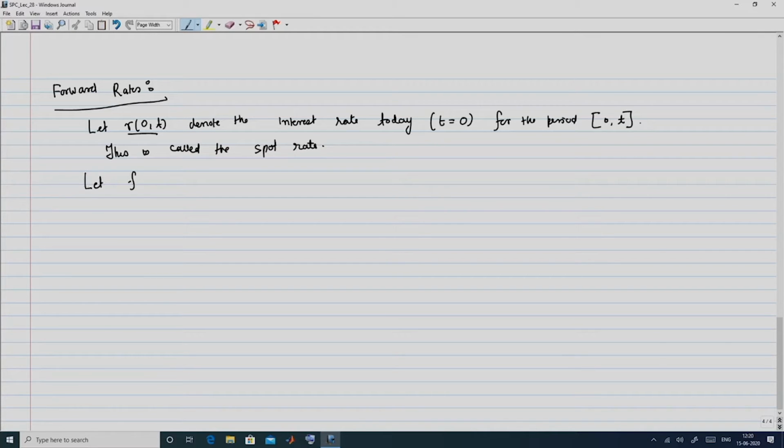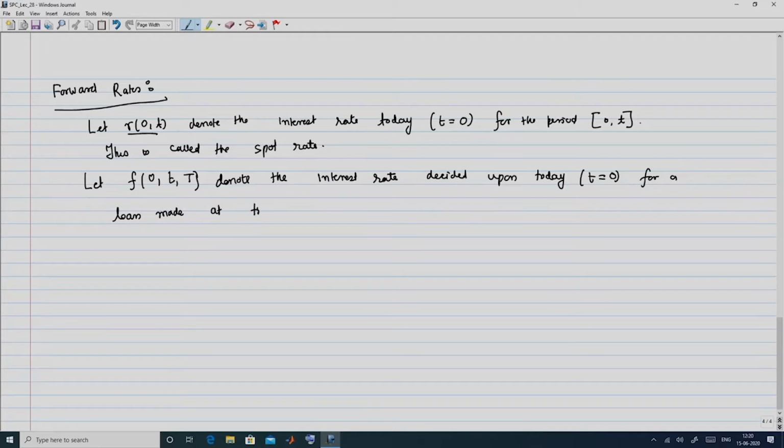Okay, let us introduce another notation. So, let F0 t capital T denote the interest rate decided upon today, that is at t equal to 0, for a loan made at time t is equal to little t up to time t equal to capital T, and that means F0 little t capital T is called the forward rate.